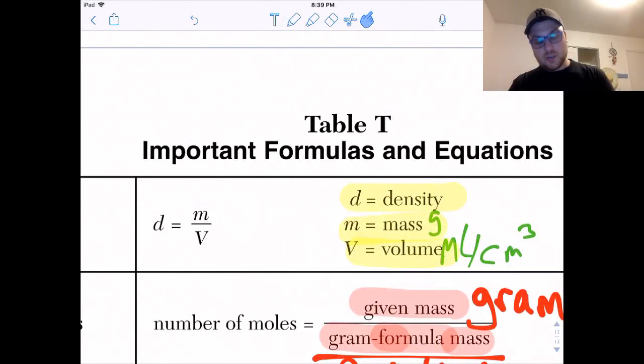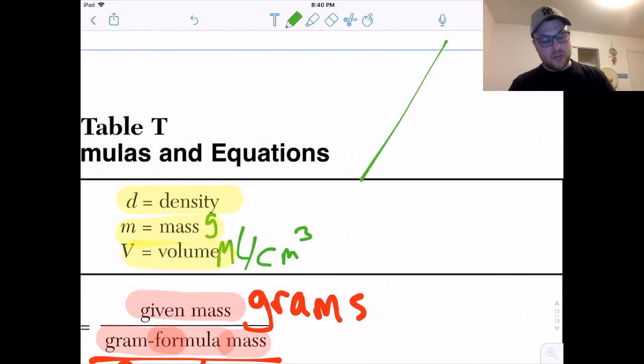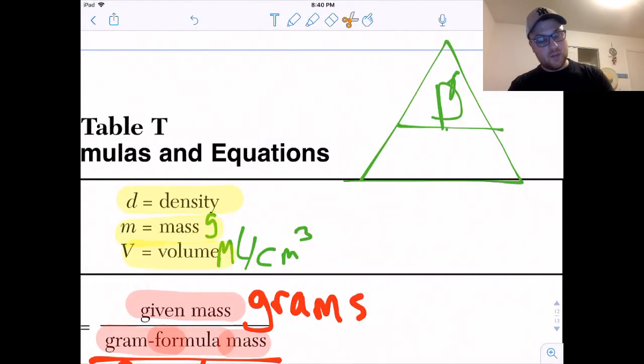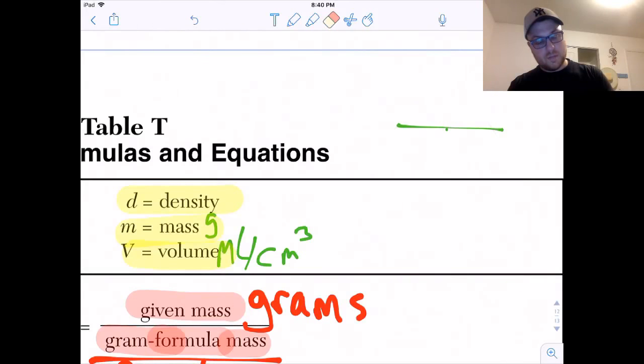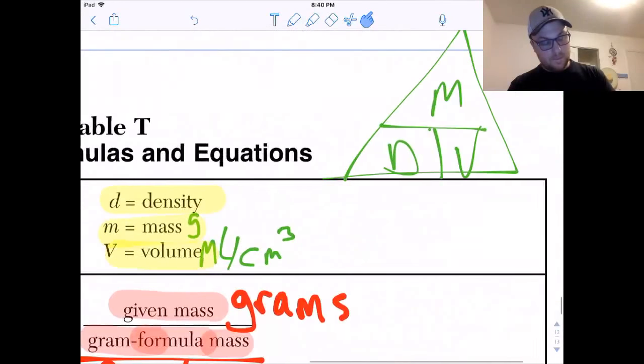So mass divided by volume. Let's say you're trying to solve for density. So I'm just going to cover that up. You do mass divided by volume. That gives you density. And let's say you're trying to solve for volume. Well, you do mass divided by density, and you'll get volume.